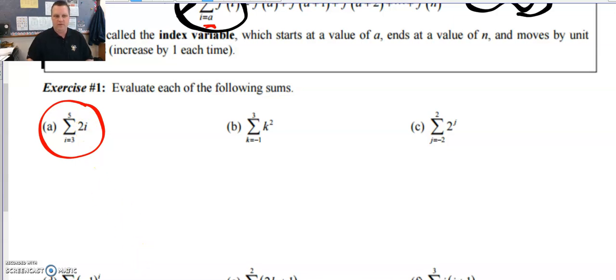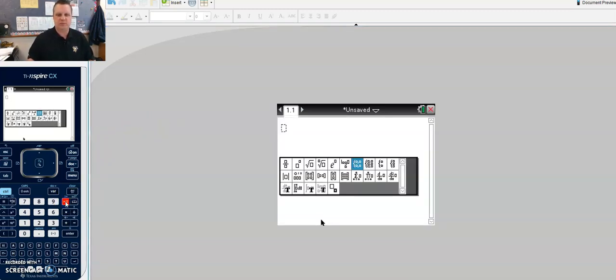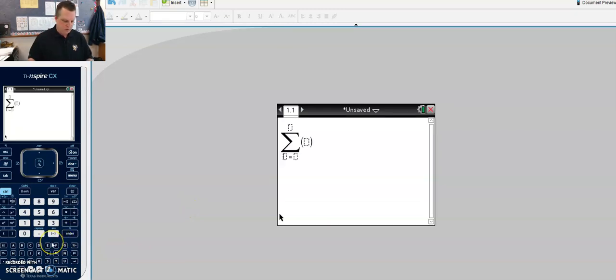If this is a part 1 question, then you can go right to your calculator, and it's the summation. To the right of the 9, you press this button, and there's your summation button right there. Then you hit enter, and use the letters they use. Make sure you choose from the bottom of your calculator.